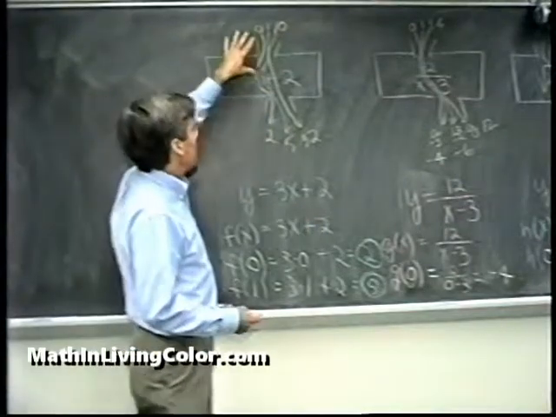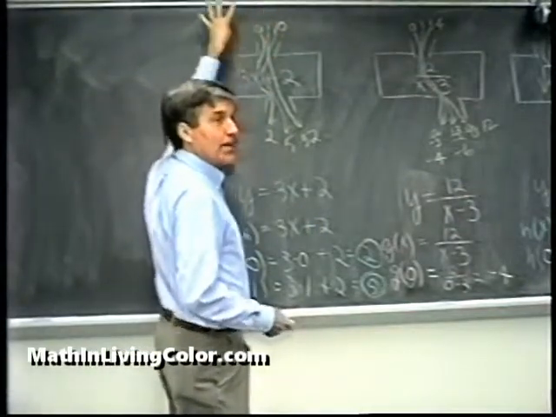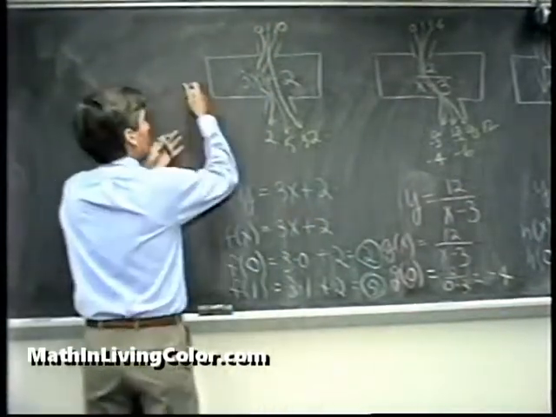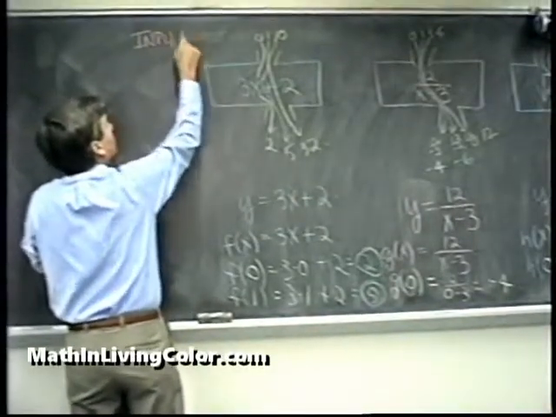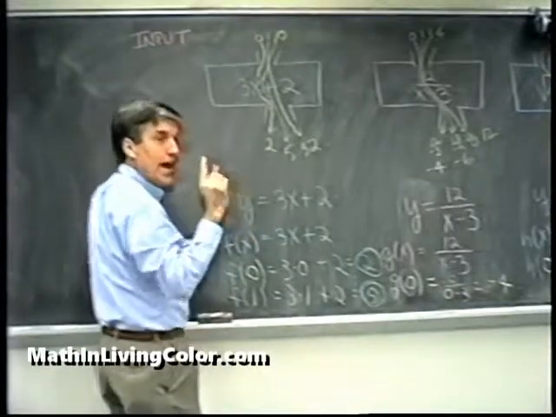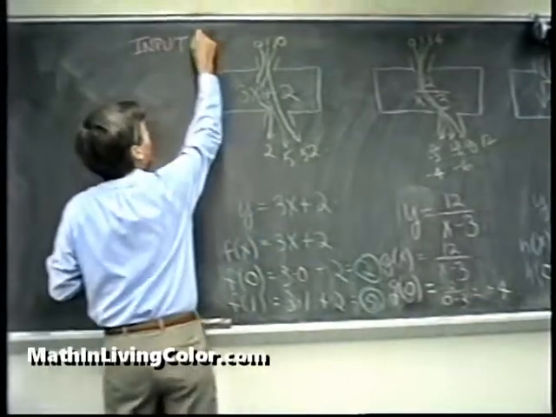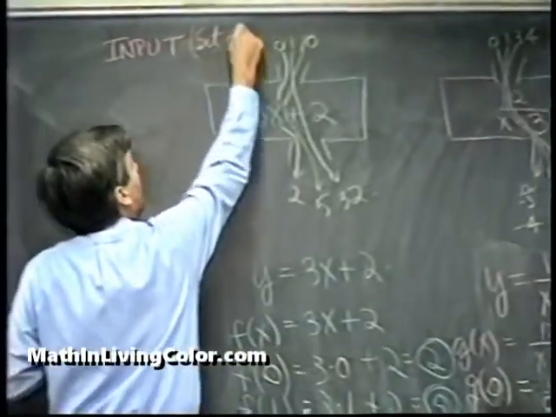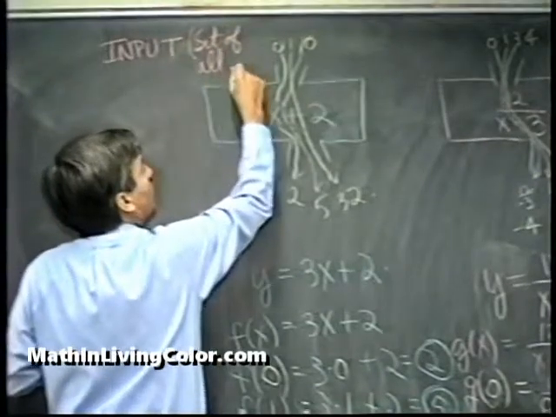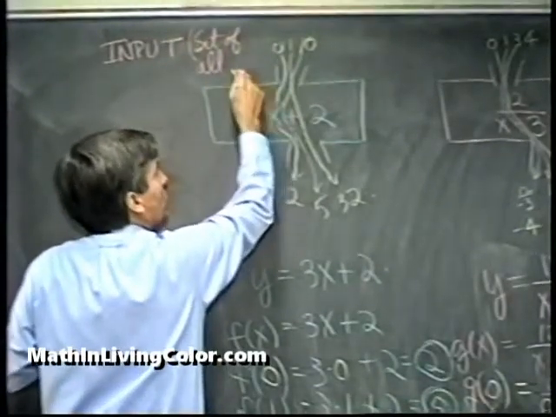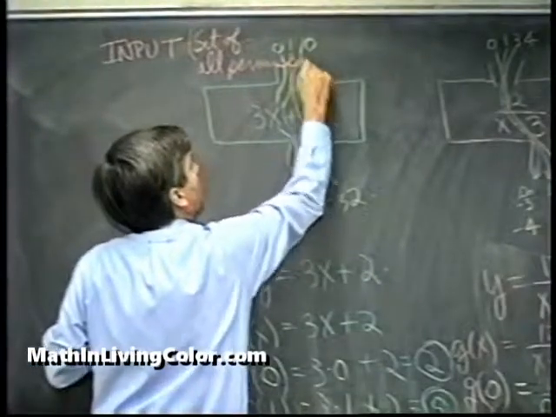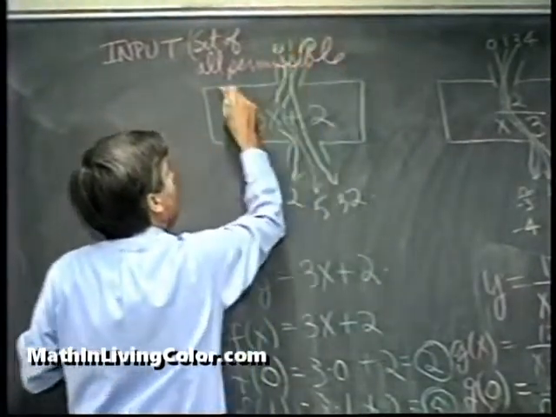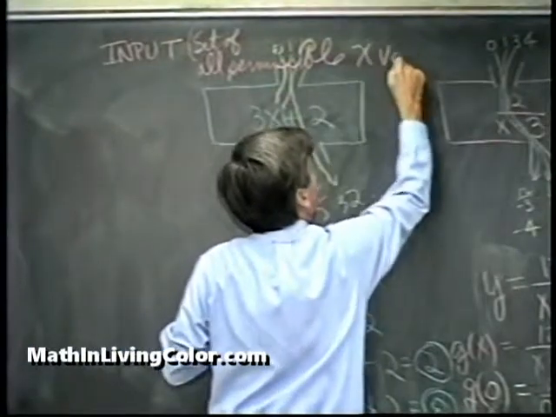In other words, the input is the x values. Let me label this. We've got input, which is what? The x values. Input is the set of all, should I say, permissible x values.